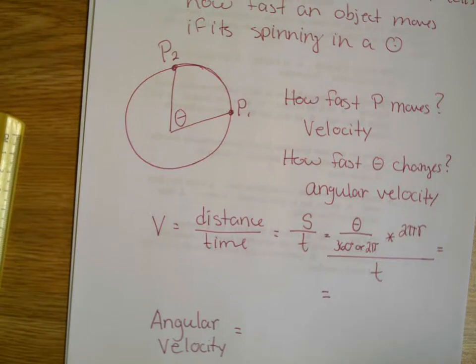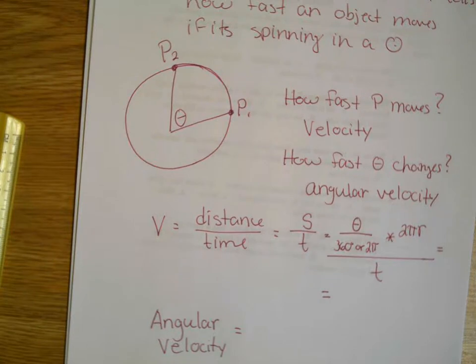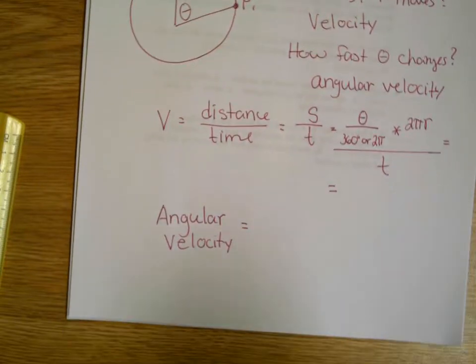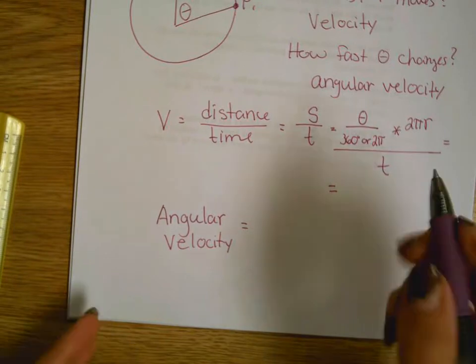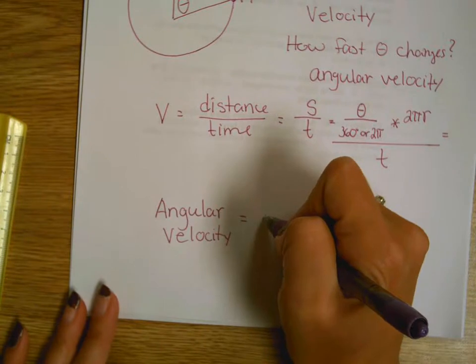Degrees per second, degrees per minute, degrees per hour, what else? That's one way. What other kind of angles do we have? Radians per minute, radians per second. Seems like we should be able to have two different angular velocities. They don't use the degrees. I don't know why. It's still an angular velocity, but our book doesn't do anything with degrees per time. So when they say find angular velocity, it's always going to be radians per time. We have a nice symbol for angular velocity, another Greek letter, lowercase omega.